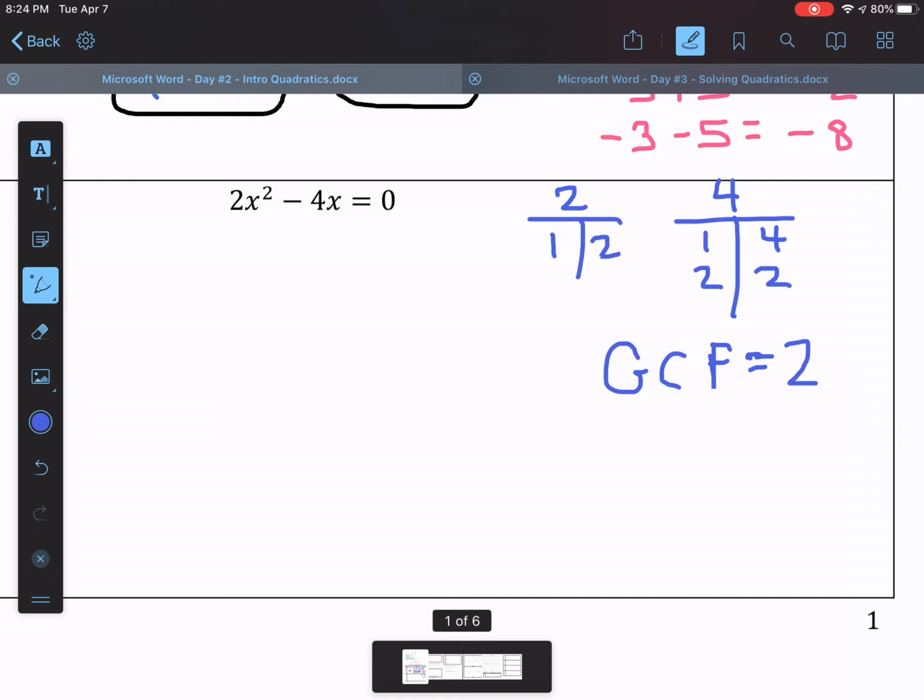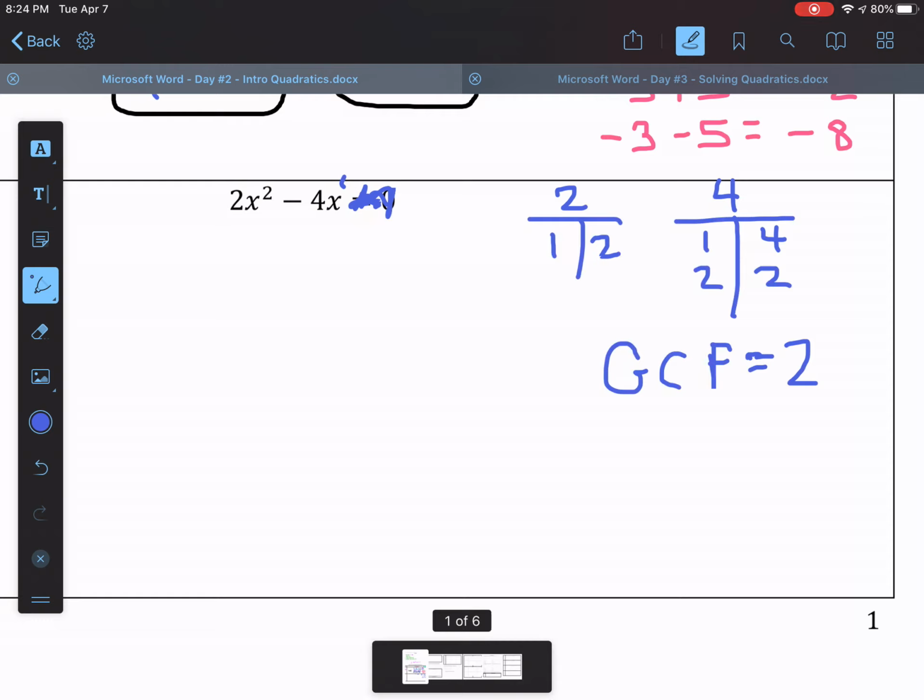But now, let's go back again. Remember that this little x over there has an invisible 1 as an exponent. Both of our terms have an x.